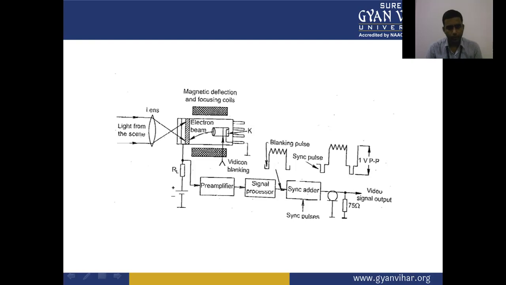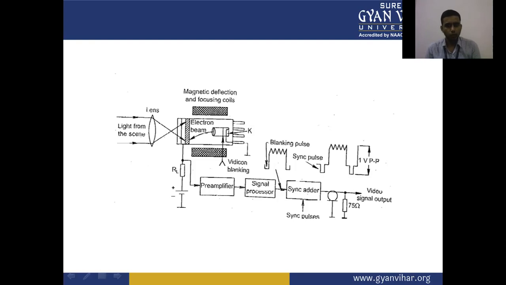Correspondingly, the electrical signal is developed on the target plate. The Vidicon camera tube is generally used to convert the image into the electrical signal.